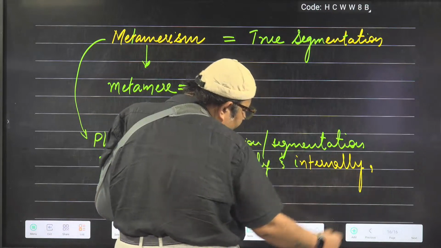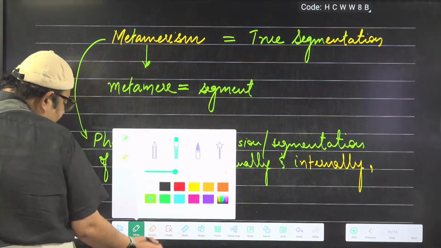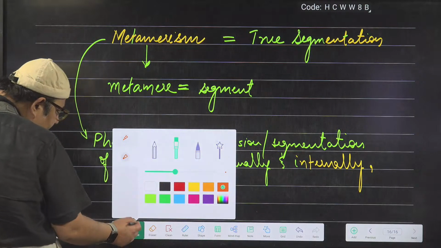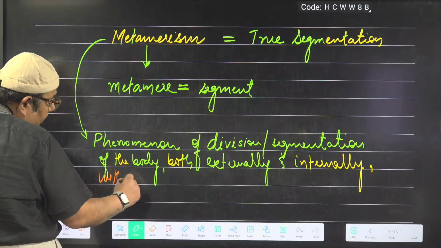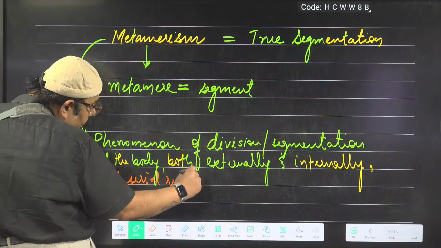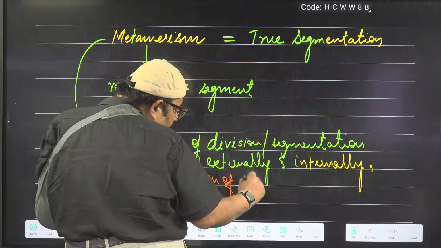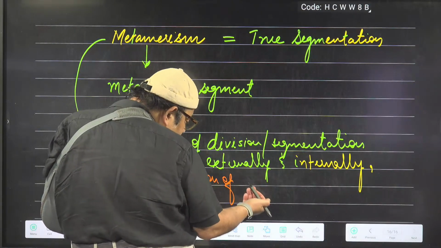And now comes the statement, with serial repetition. Okay, so the condition is with serial repetition of some organs, at least some organs.